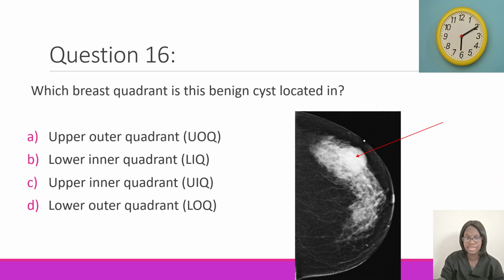All right, question 16. Which breast quadrant is this benign cyst located in? Upper outer quadrant, lower inner quadrant, upper inner quadrant, or lower outer quadrant?